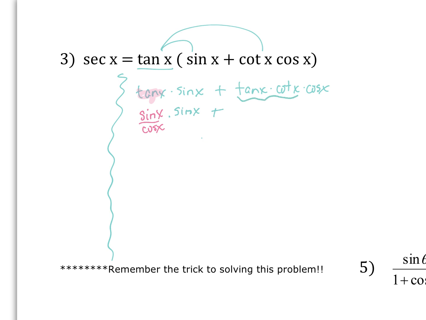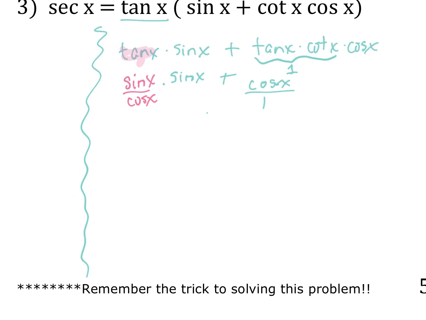So that is just a 1 times cosine of x. So that just leaves me with a cosine x, or cosine x over 1 here. So now when I simplify this, I'm going to make this a little bigger, give myself a little more room to write. So sine squared x over cosine x plus cosine x over 1.